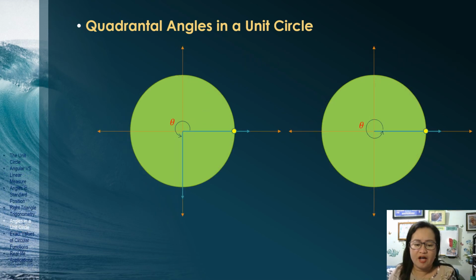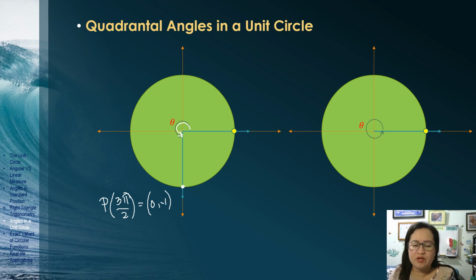Let's say we have a trigonometric point that is equivalent to 3 pi over 2. Okay, so this is 3 pi over 2. And take note that this point has coordinates (0, -1).